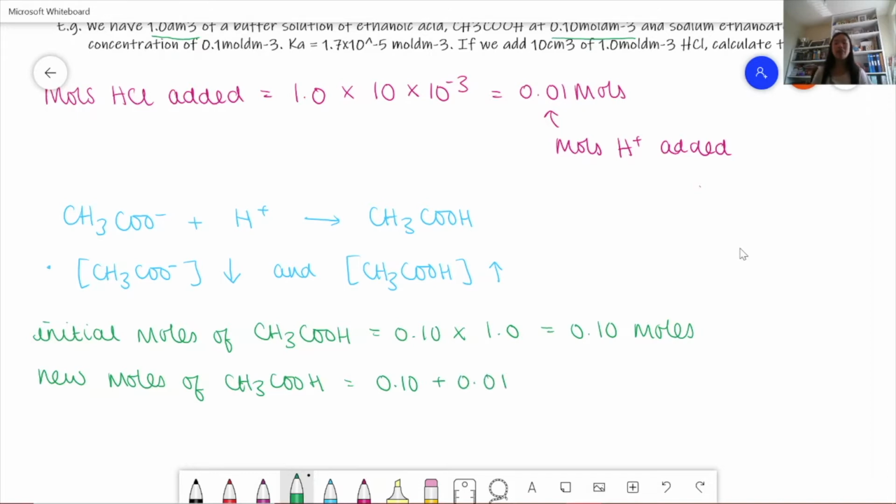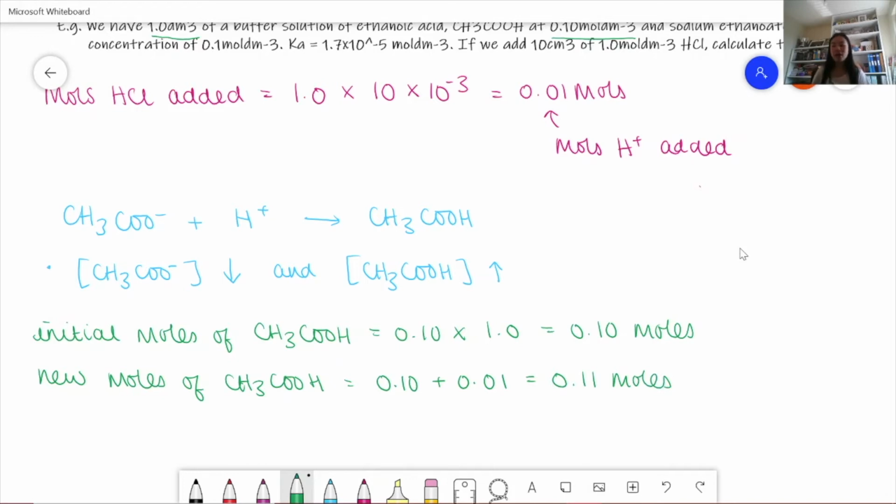Because looking at the blue equation, it's a 1-to-1 ratio between this H plus and the ethanoic acid. So if we're adding 0.01 moles of H plus, that means we're forming 0.01 moles more of this ethanoic acid. And so the new moles of ethanoic acid that we have is 0.11 moles.